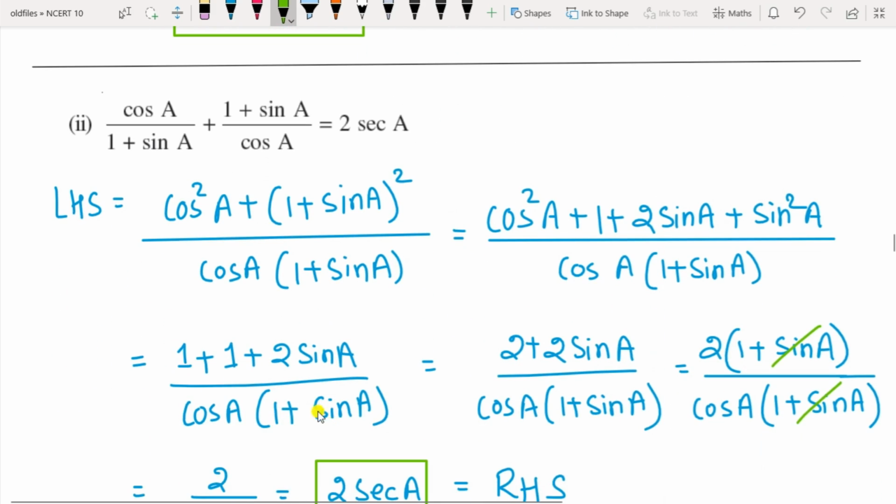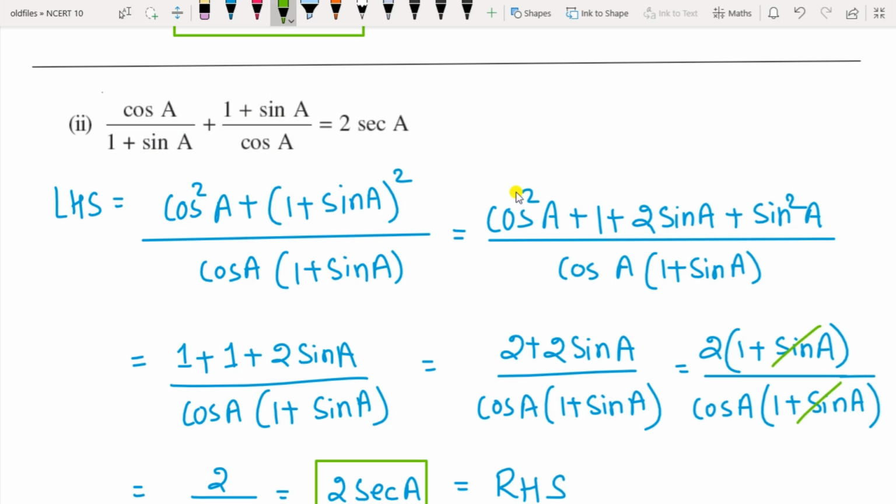Question 2 here is cos A upon (1 plus sin A) plus (1 plus sin A) upon cos A equal to 2 sec A, you have to prove. So consider the LHS here. Take the LCM of (1 plus sin A) and cos A. So this will be cos square A plus (1 plus sin A) the whole square upon the denominator. Now this is (a plus b) the whole square, so a square plus b square plus 2ab. Expand it.